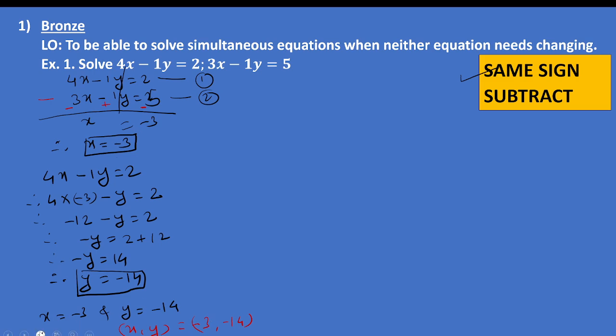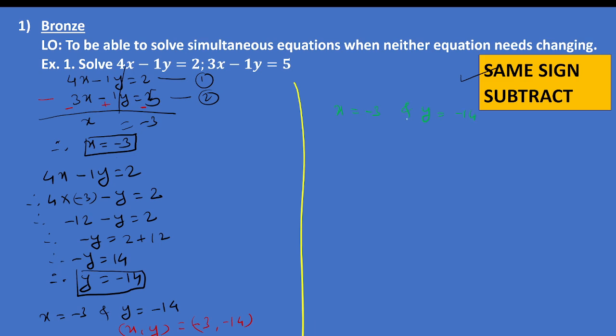Okay, so after this I would like to show you how we verify whether the answer we got is right or wrong. So to verify it, I'm just going to change my ink. Let's use this color. Okay, so my x is what? x is minus 3 and my y is minus 14.